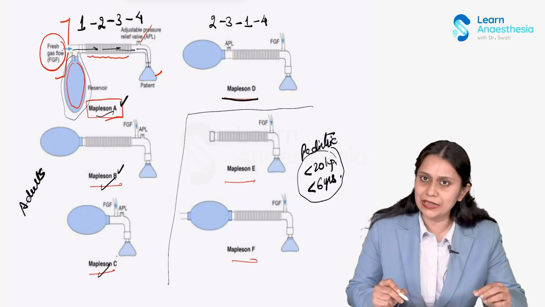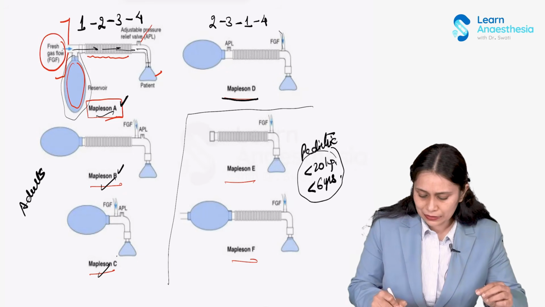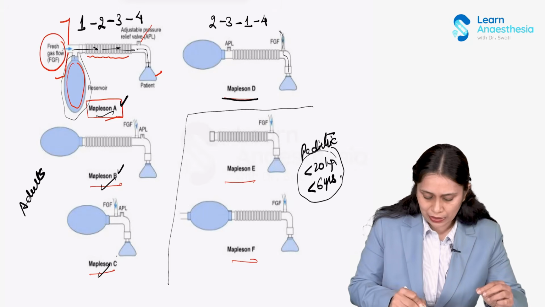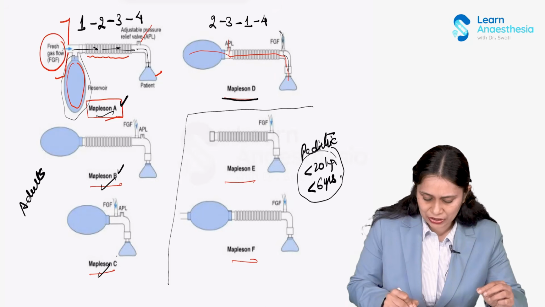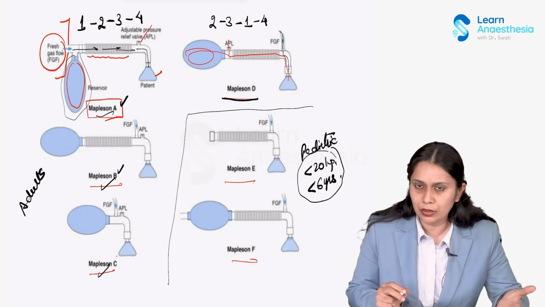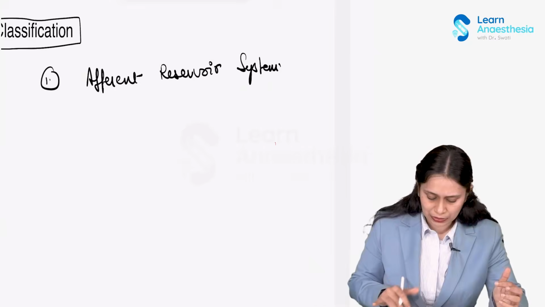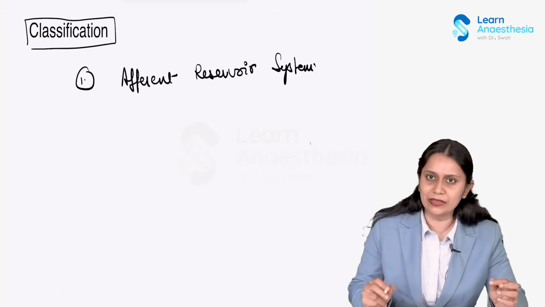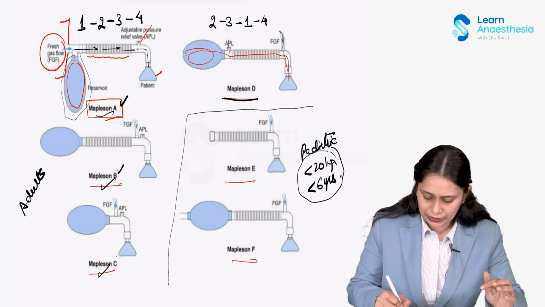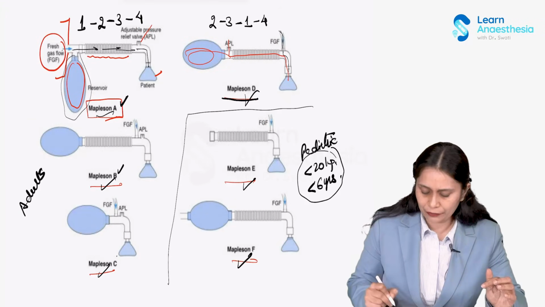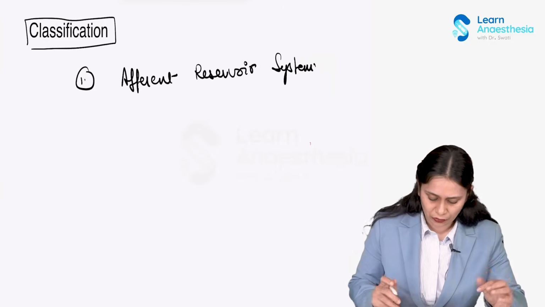But if you see D, now this is the tubing which is bringing the inspiratory gas. This is the afferent tubing, and this is the tubing which is removing the expiratory gas, and the bag is attached here. So this is the efferent limb. So this comes under the efferent reservoir system. So D, E and F, they come under the efferent reservoir system.